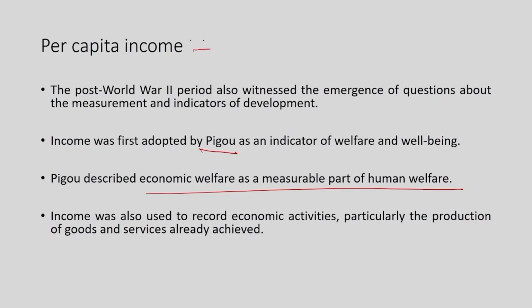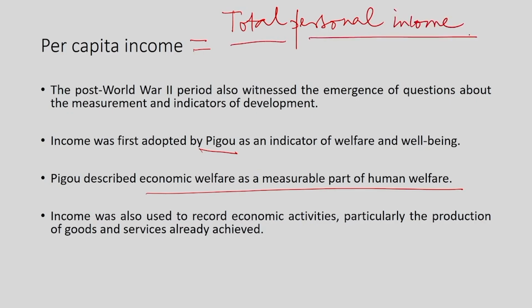If you look at per capita income, how to calculate this? Per capita income is equal to total personal income divided by the total population.